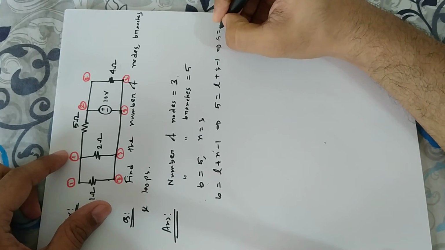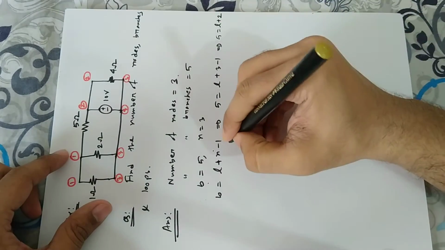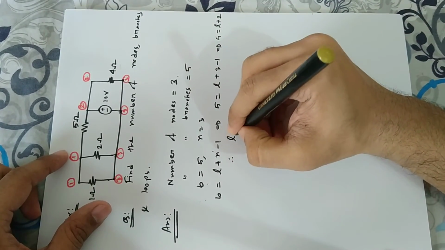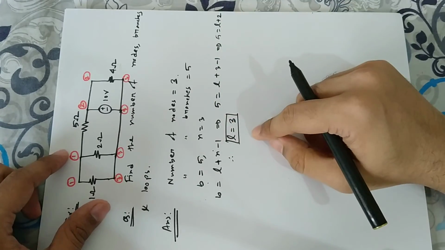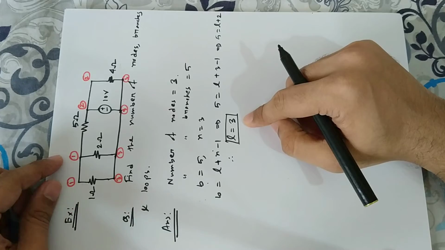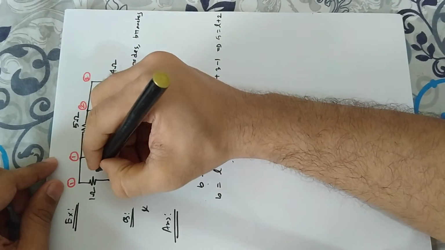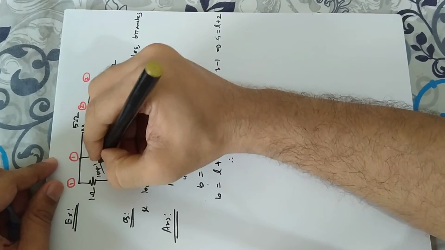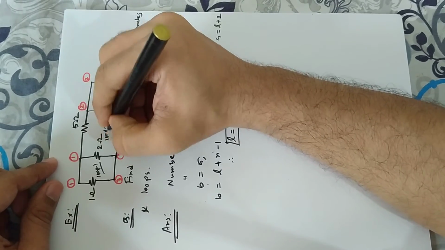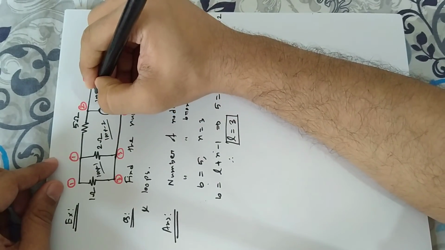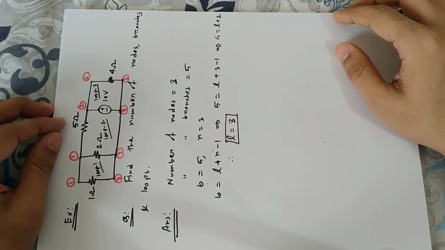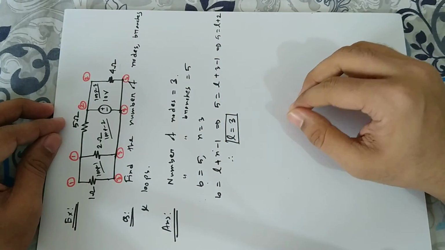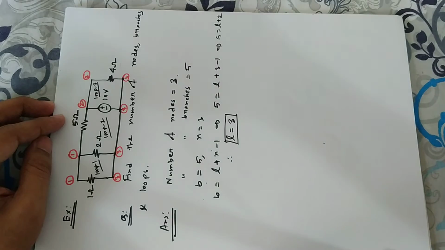So 5 is equal to L plus 2, and finally L is equal to 3. So the number of loops in this circuit is 3. See, this is loop 1, this is loop 2, and this is loop 3. Okay, I think you have understood this example. Let us go to another example now.